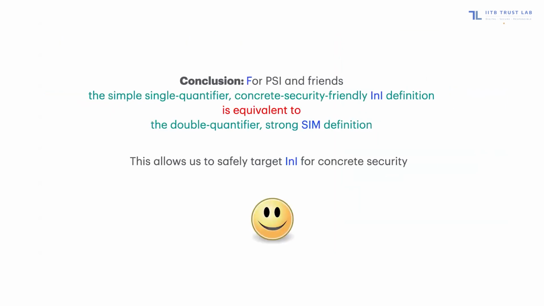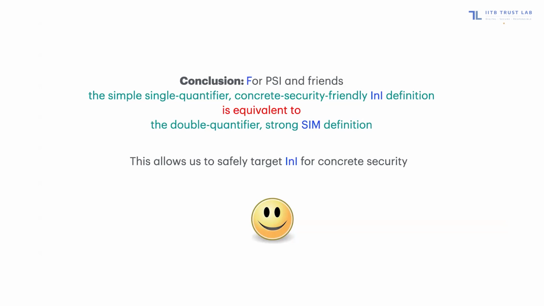So to conclude this part of the talk, we see that for functionalities which are invertible, specifically PSI and similar functionalities, we have this concrete security friendly definition INI, which is equivalent to the strong SIM definition.